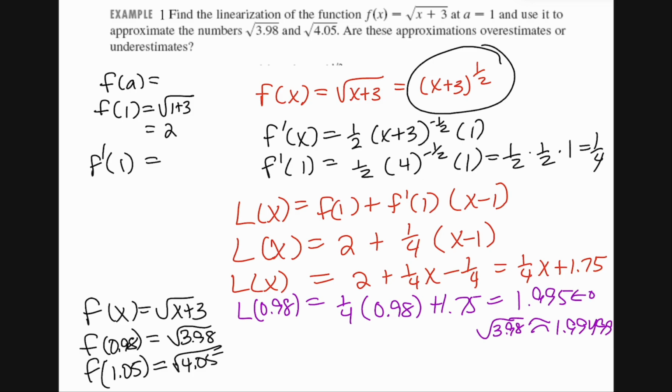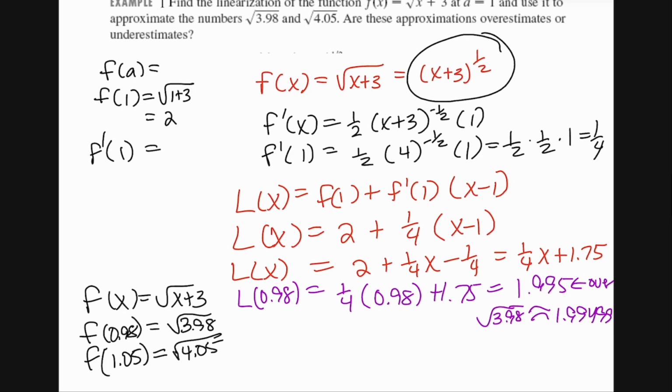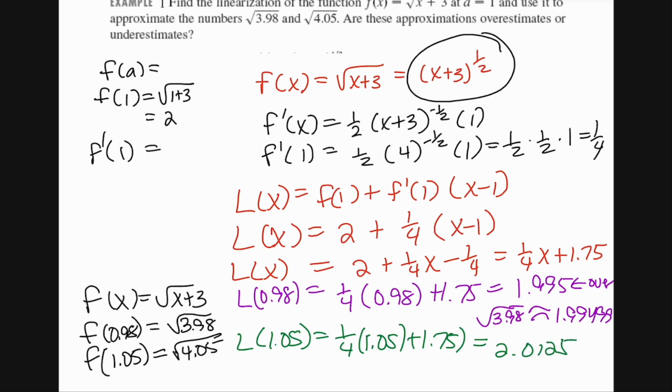So this is a little bit over. Look how close it is. It's pretty darn close. If we do it again, if we plug in 1.05, we get 1/4 of 1.05 plus 1.75, which is 2.0125.